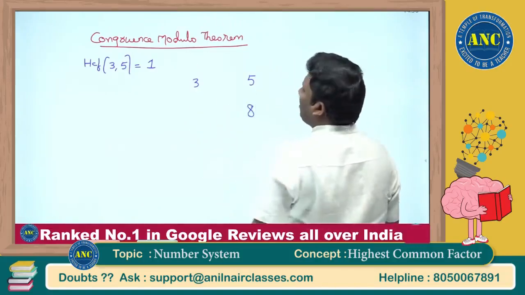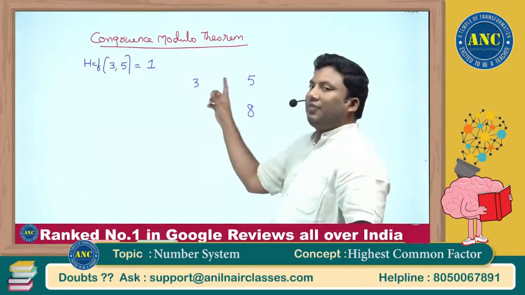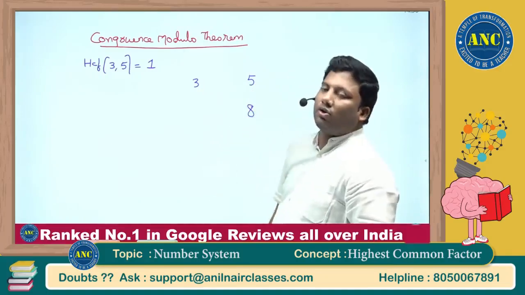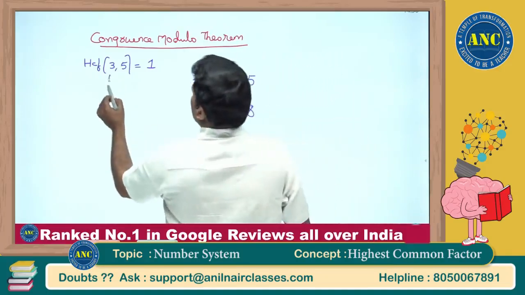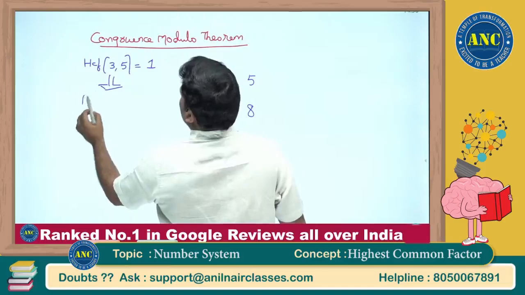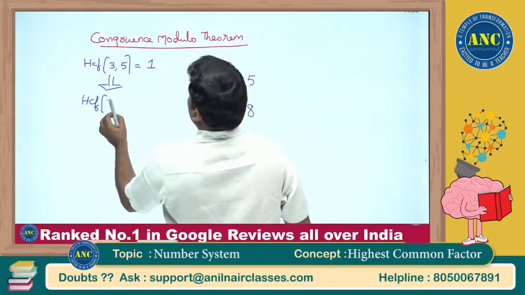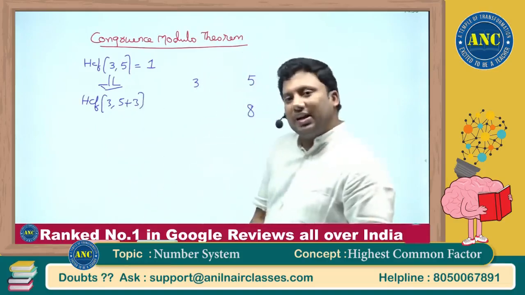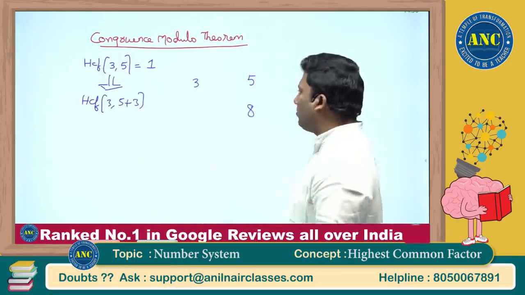What is 5 plus 3? 8. If 3 and 5 are co-prime to each other, can I say 3 and 8 are also co-prime to each other? That means still the HCF will not change. I can write it as HCF of 3 comma 5 plus 3. In both the cases, HCF of 2 co-primes, it is 1.